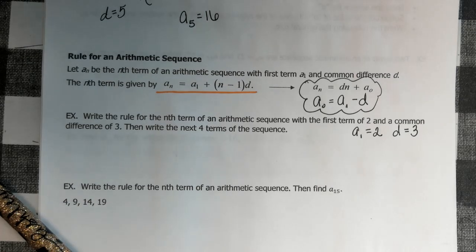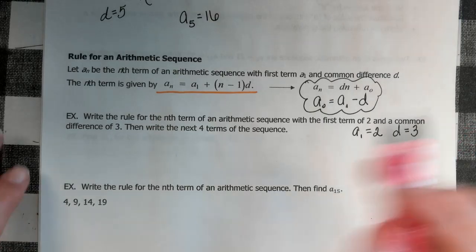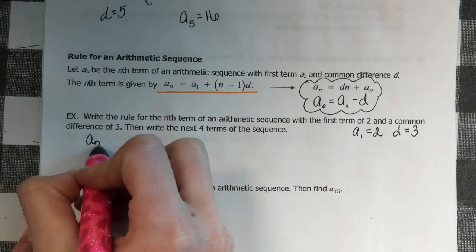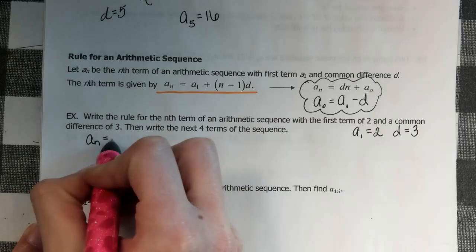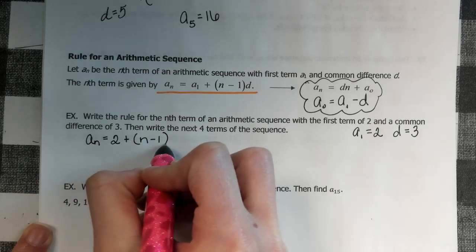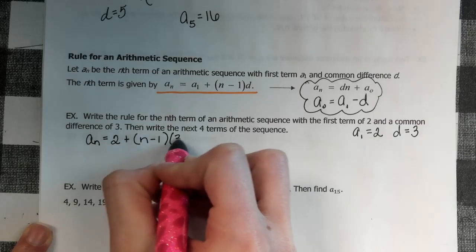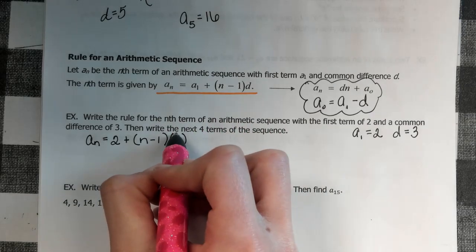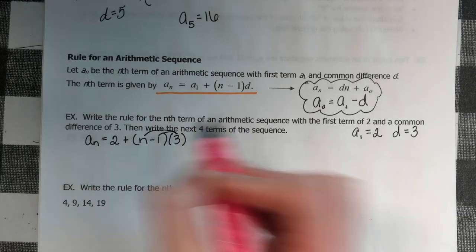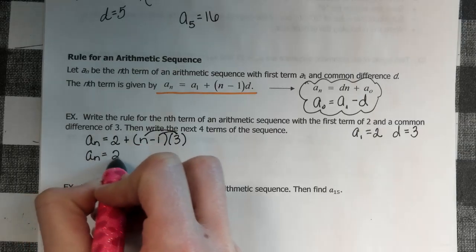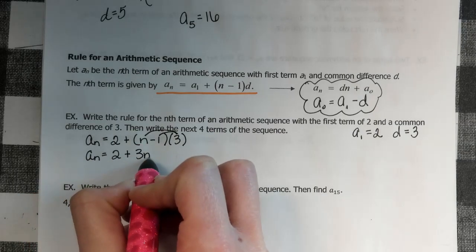If we are using the textbook formula, then a sub n is equal to my A1, which is 2, plus n minus 1 times your D of 3. When you use that formula, you will take that 3 and distribute it to the n and the minus 1. So a sub n is equal to 2 plus 3n minus 3.